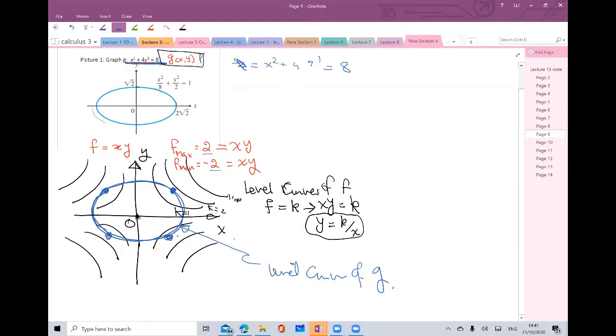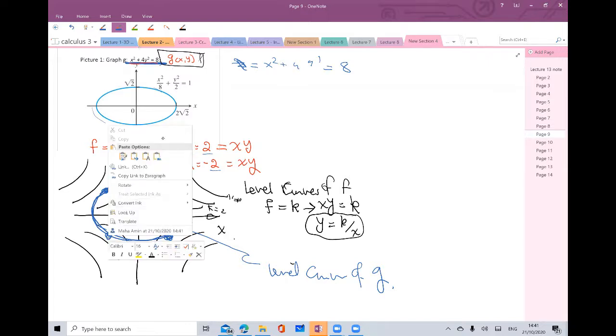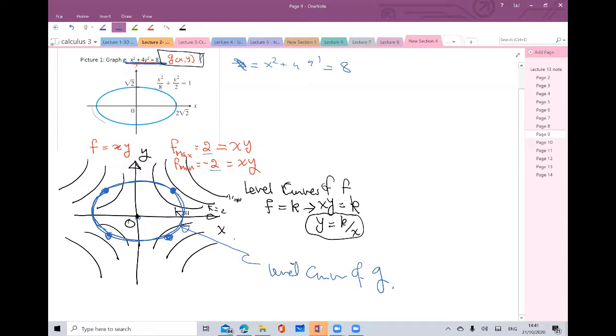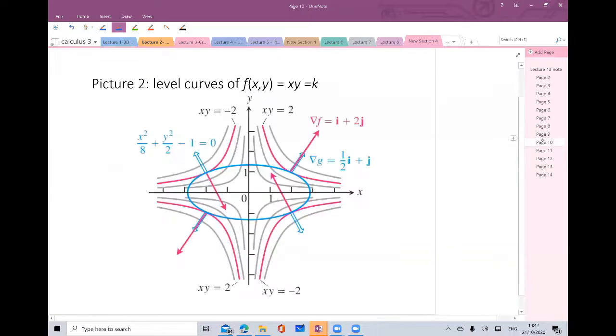That gives 4 points, so it's clear that at these 4 points the gradient of the function f will be a scalar multiple of, or parallel to, the gradient of g. So I have 4 points and 4 extreme values, 2 of them maximum and 2 minimum. Got the idea? This is the concept of Lagrange multipliers applied to this problem.